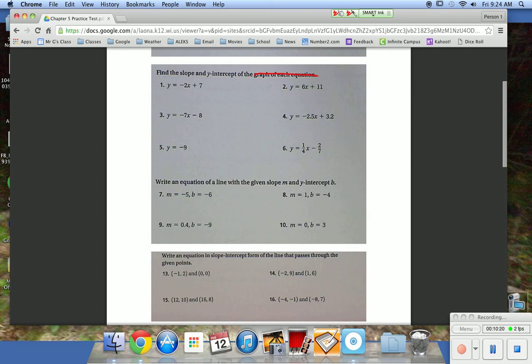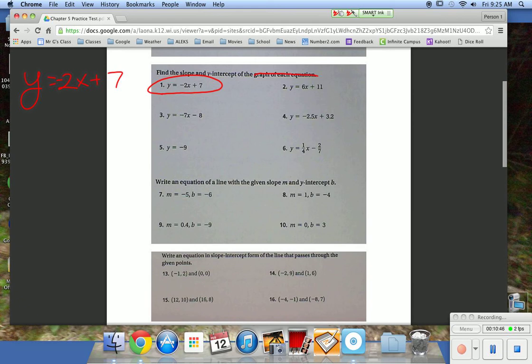Let's see who's next. JT, what is the slope of this equation? Y equals negative 2x plus 7. What's my slope? JT, we should know this. We use what form? Slope-intercept, right? Y equals mx plus b.